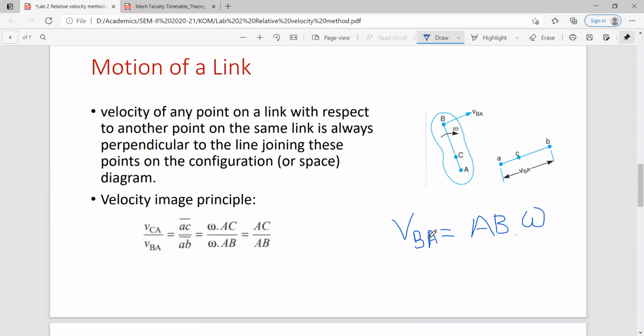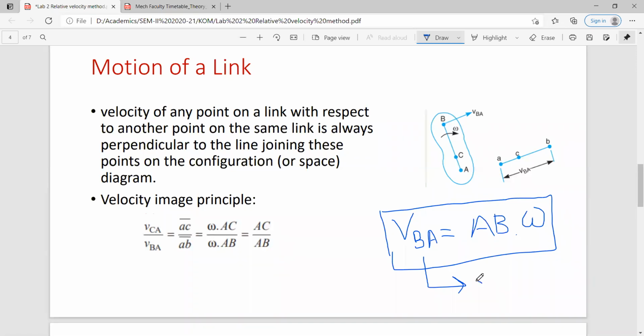Okay, so now let us proceed for the problem. Okay, it is one point, and in order to use this formula, you remember that both of these points A and B are on same link, right? On same link, I'm repeating. Next is, it is also important to label this vector velocity of B with respect to A. So it is labeled in opposite way.